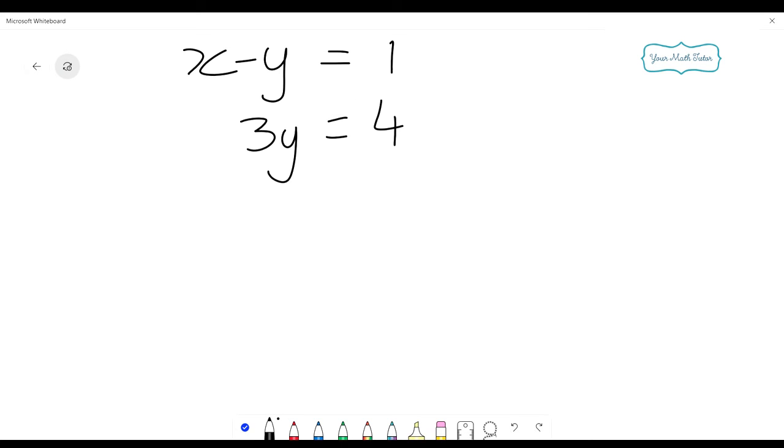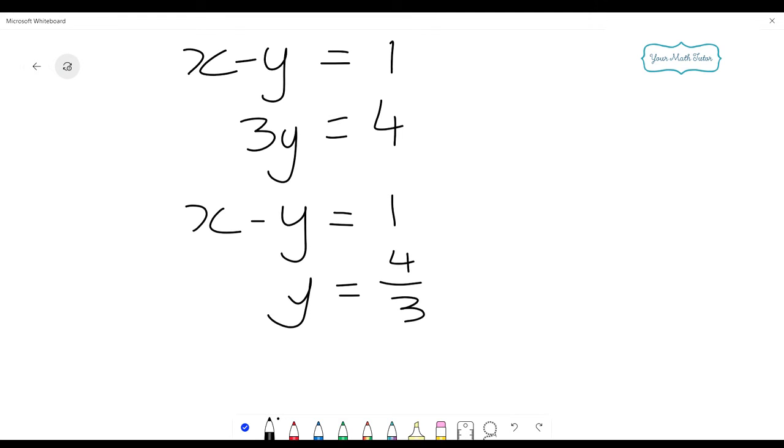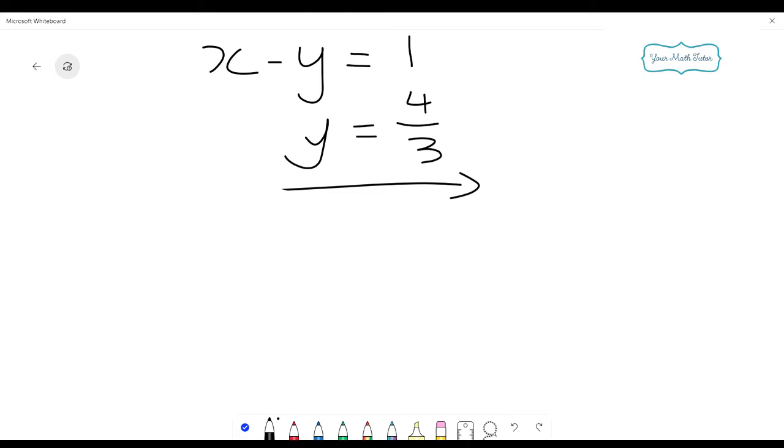So the next logical step is to solve for y. So we still have x minus y is equal to 1, and then we have y is equal to 4 divided by 3. So there we have the solution for y. Now the next step would be to substitute the value of y into equation 1 to solve for x.